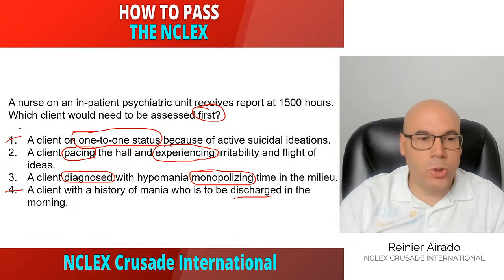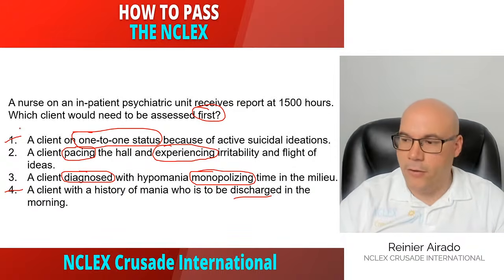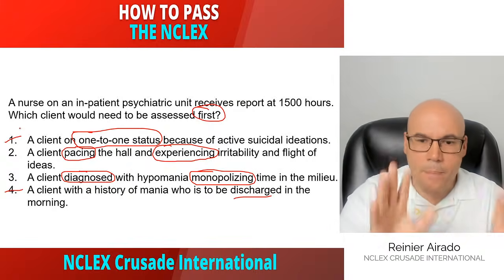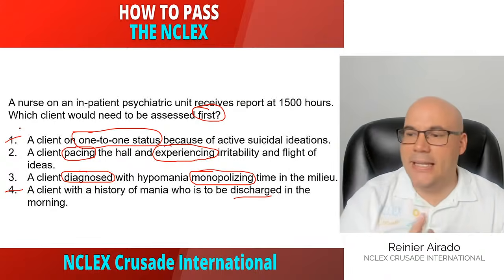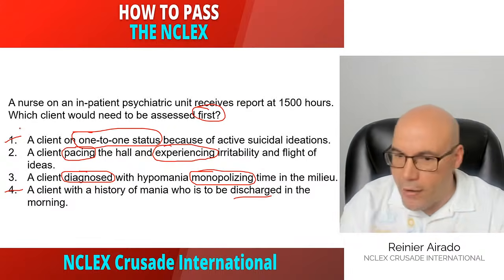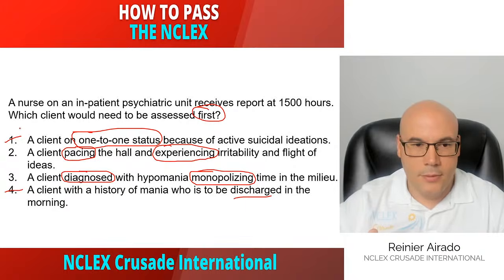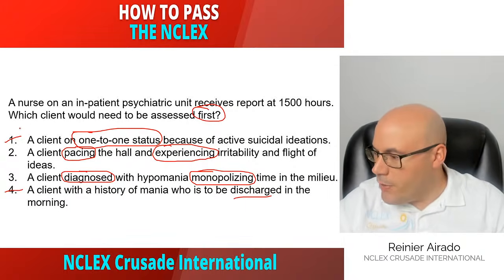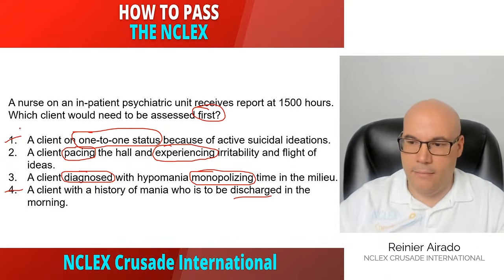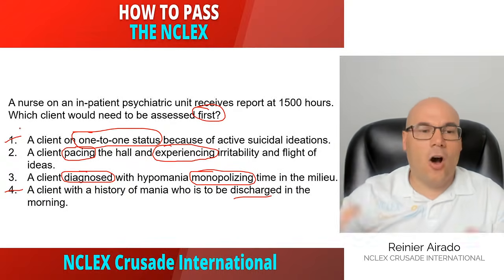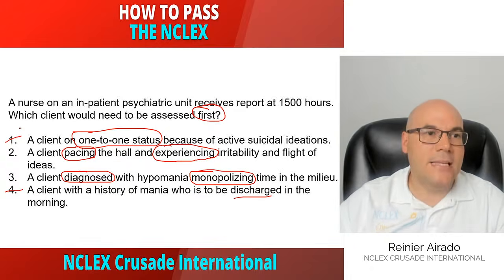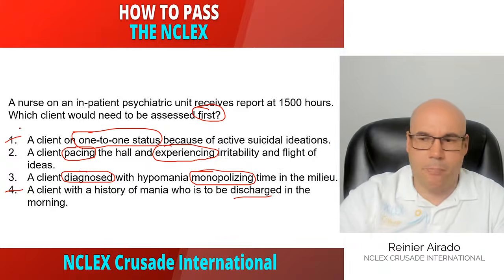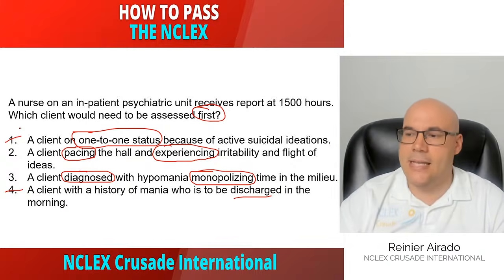Now, between 2 and 3, we have 2 problems happening at the same time. One patient is pacing the hall. What does this mean? Going back and forward. So this patient is agitated, is experiencing irritability and flight of ideas. Flight of ideas means they're overthinking, thinking of multiple things at the same time, probably talking about multiple things at the same time.